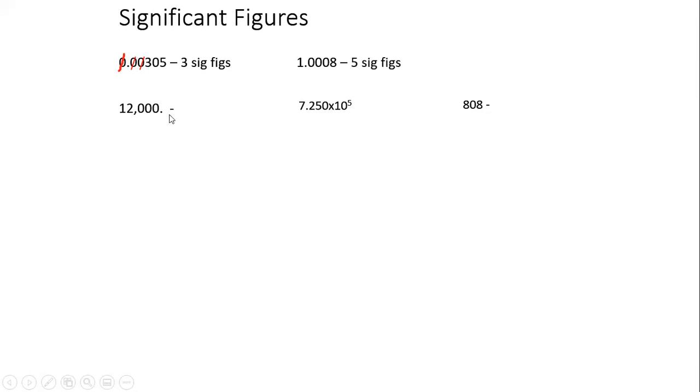Next, we have 12,000 with a decimal point. So this 12,000, these three zeros are what we call trailing zeros. And these are significant because you see here, we have a decimal point. So that's very important in this number. So this means we have 5 significant figures.